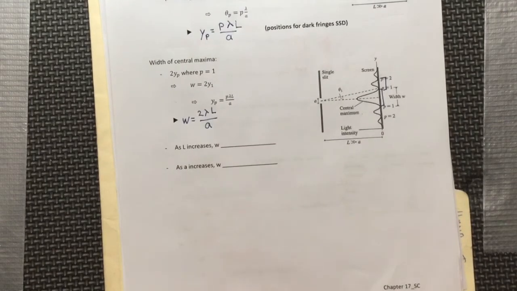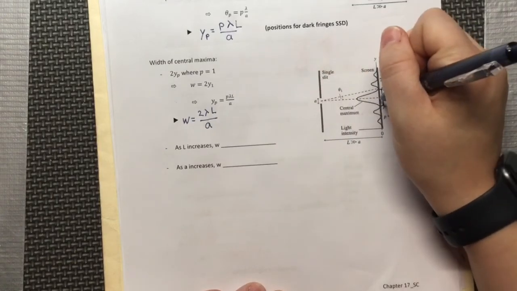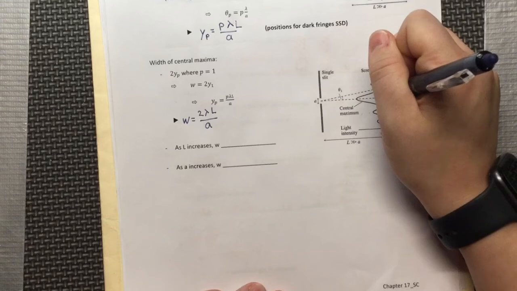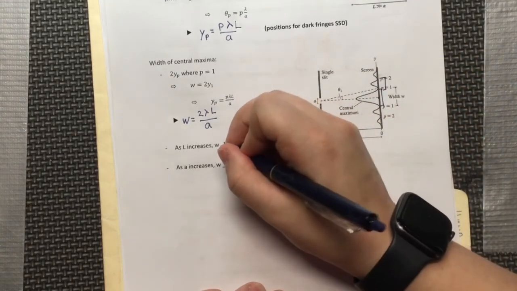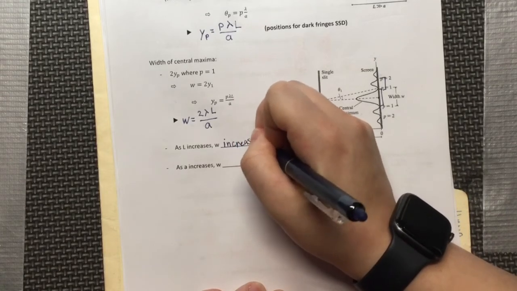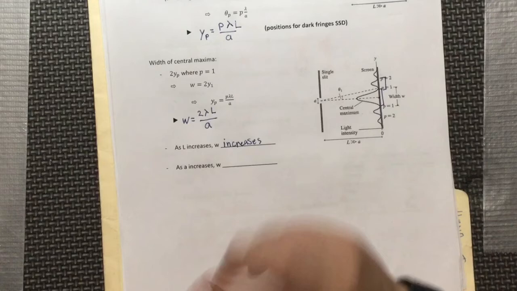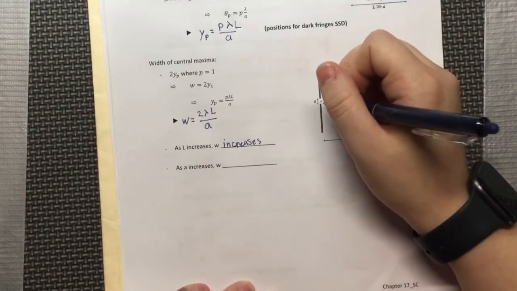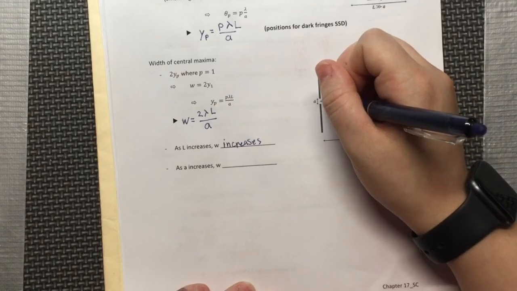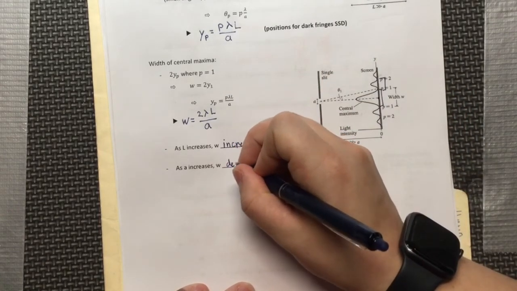As the length increases, so as the distance between the slit and the screen increases, the width of the central maxima increases. As a increases, so as this slit gets bigger, the width of the central maxima decreases.